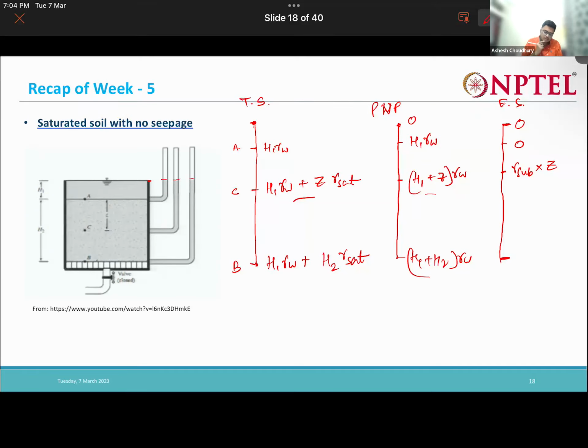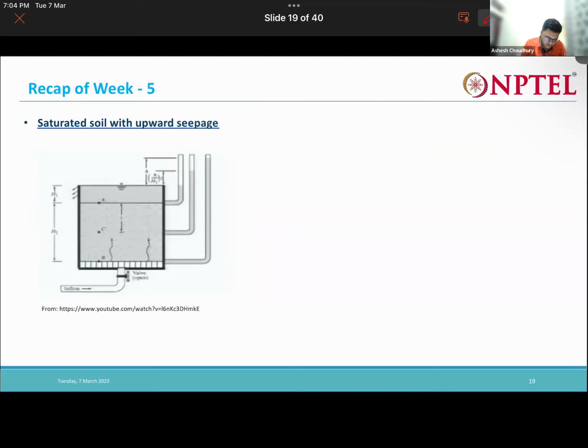Similarly, for here, what we can write? We can write H2 into gamma sub, right? So this is the case where there is no seepage. Now the next case is when seepage is there.